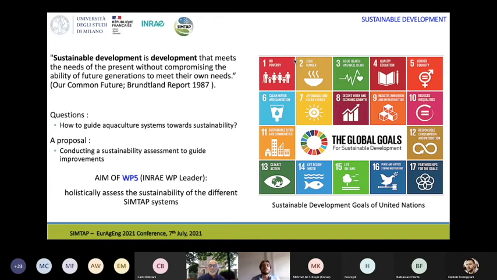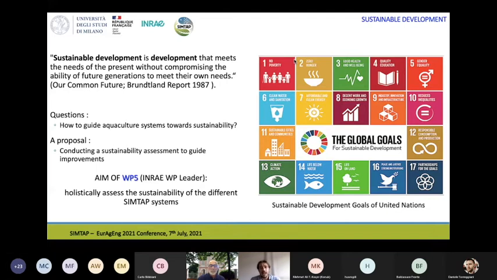The concept of sustainability, as we understand it today, is based on the definition of sustainable development given by the Brundtland Report in 1987, which defined it as development that allows the current generation to meet its own needs without compromising the ability of future generations to meet their own needs.